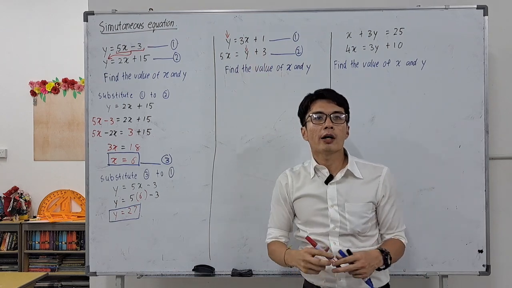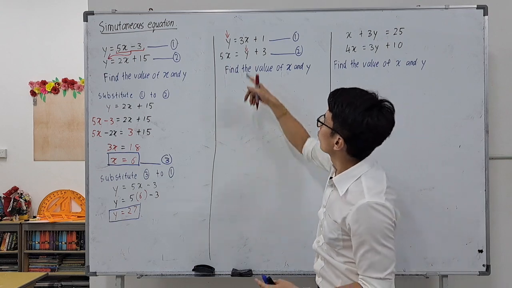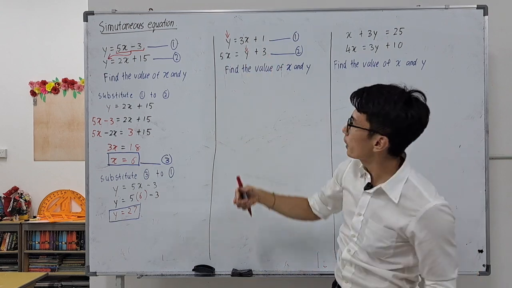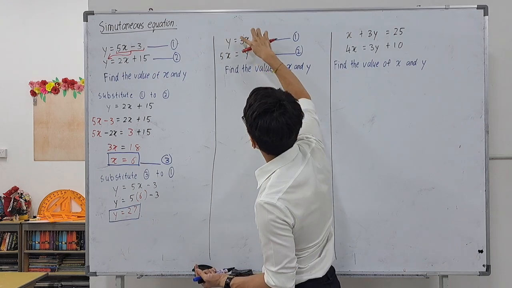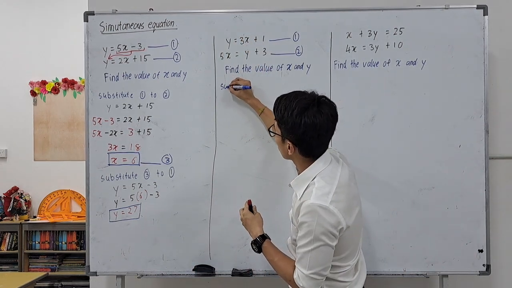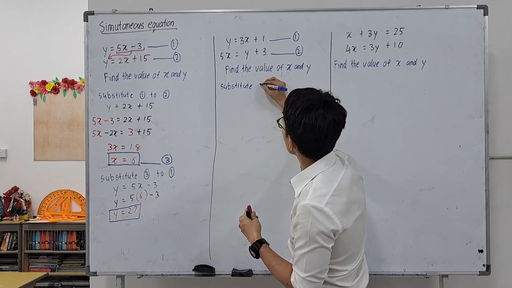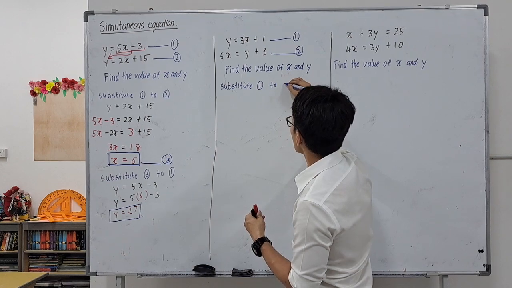So if I substitute, what will happen? I eliminate one of the unknowns, so I can find the value of x first. That's what I'm going to do. I'm going to substitute equation 1 into equation 2.